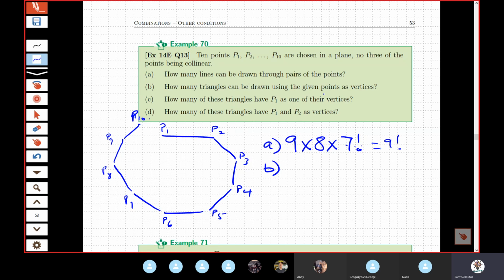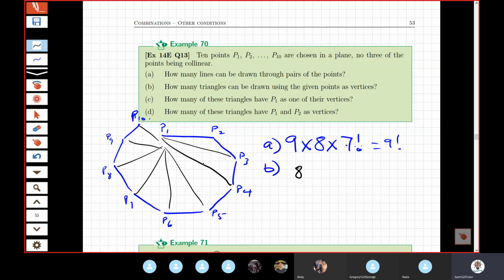How many triangles can be drawn using the given points as vertices? Okay. And again, here, these. So 1, 2, 3, 4, 5, 6, 7, 8. 8 triangles for P1, P2, P3, then P1, P3, P4, and so on.